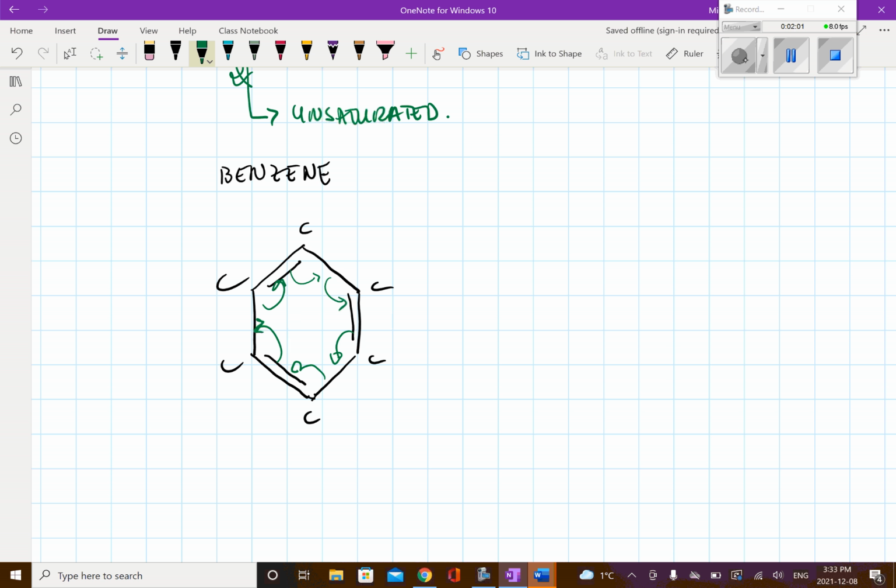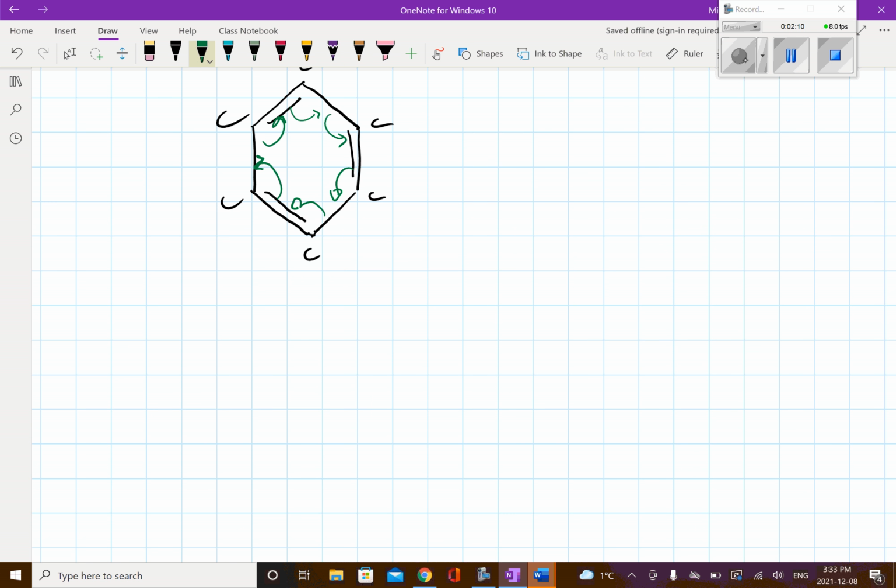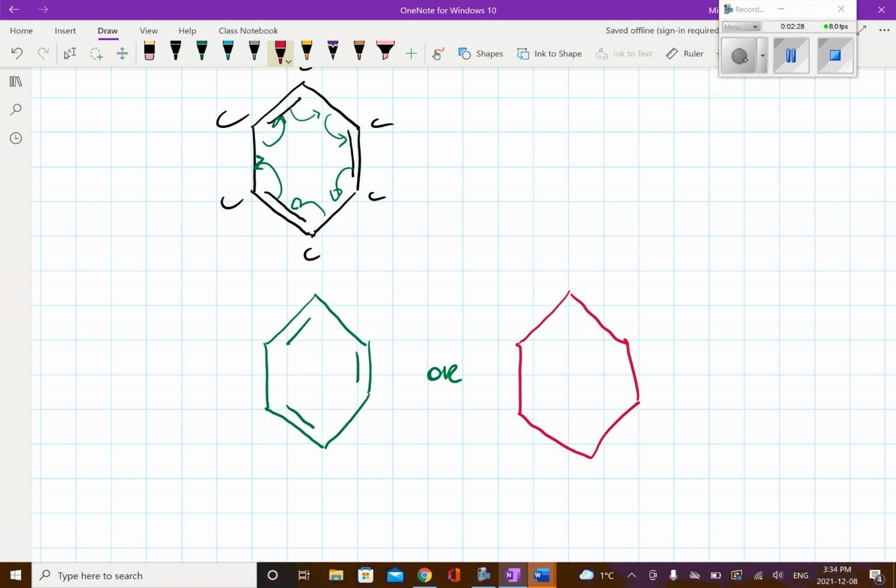And what we see is actually a mix of the two possible structures. It is the one that we just drew, a hexagon in which the bonds are like this, or another one that looks like the bonds are switched. So still we do have a hexagon, but now it is like this.